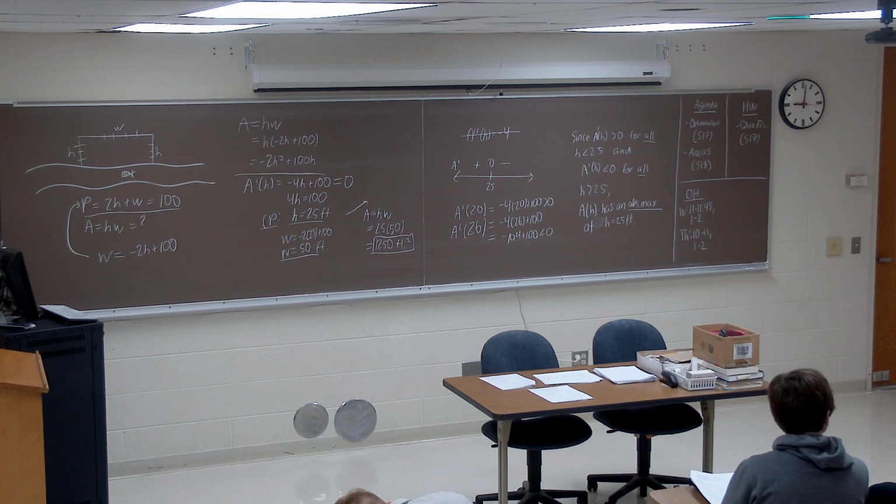Let's say I give you a rectangular prism shape, like a box, which is going to have a width of W, a length of L, and a height of H. How would you find the volume of that box?